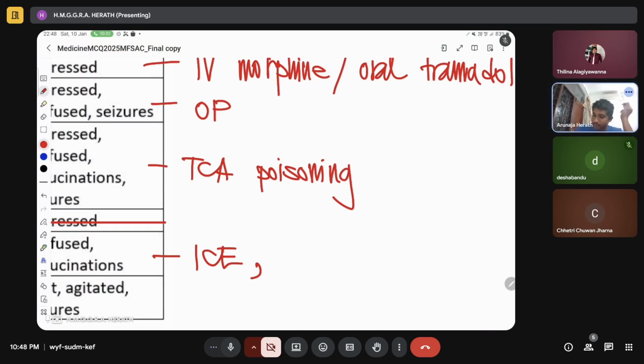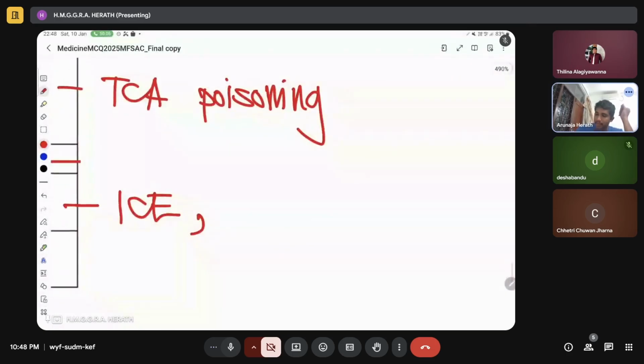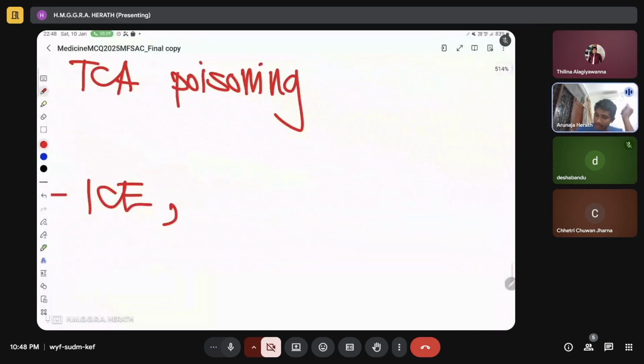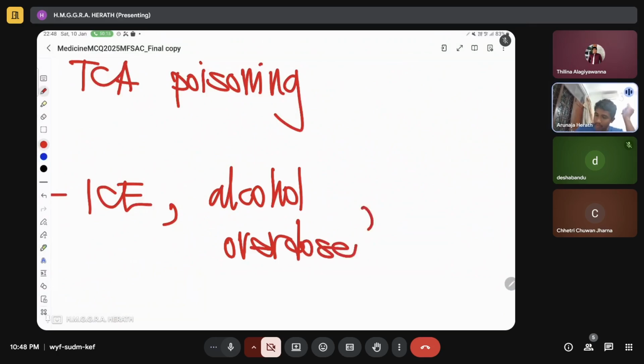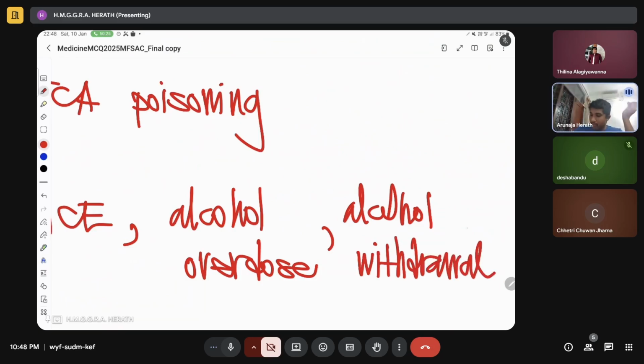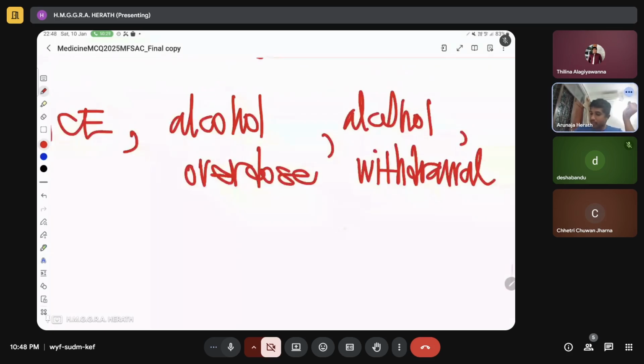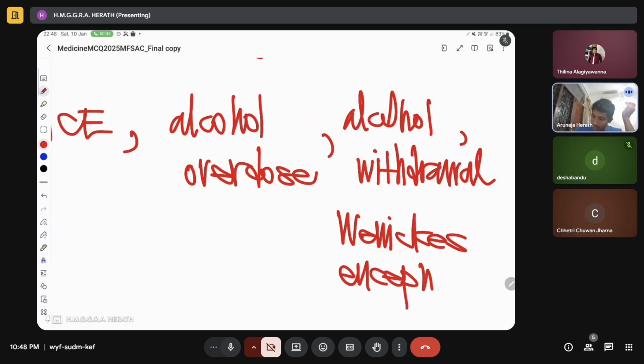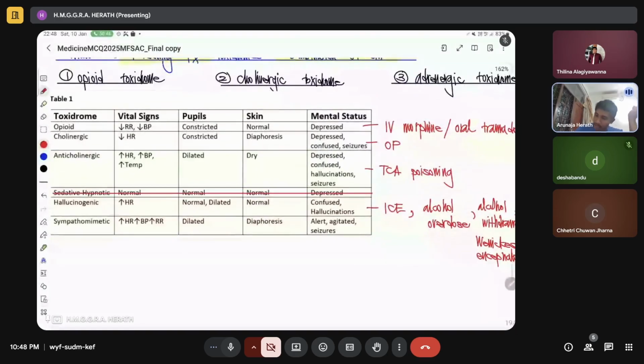What else? Alcohol overdose commonly in Sri Lanka, and also alcohol withdrawal. These patients also have hallucinogenic toxidrome. You have heard of delirium tremens, and Wernicke's encephalopathy can also occur.